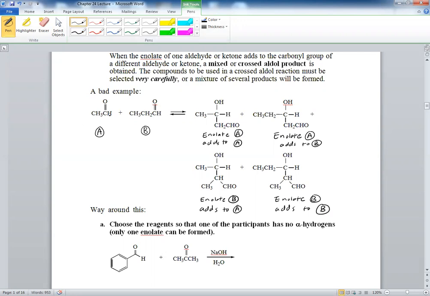We did this one before. So let's show you the enolate of A adding to B. So let's look at that.